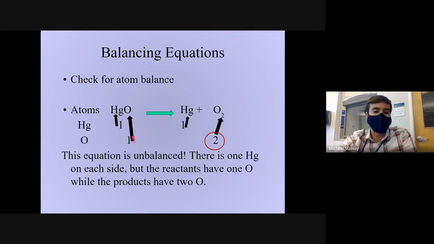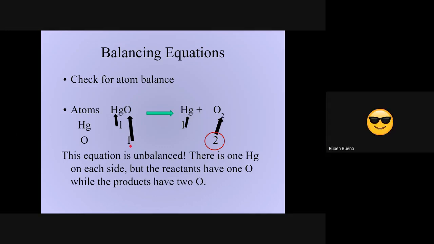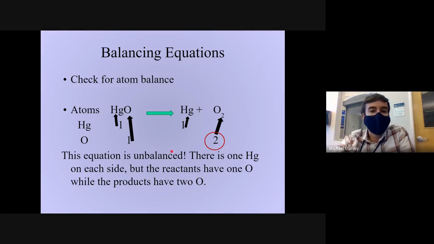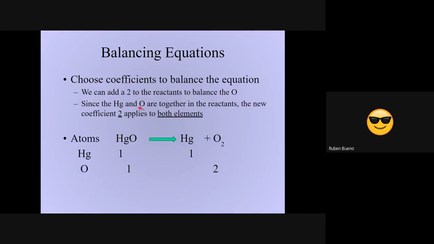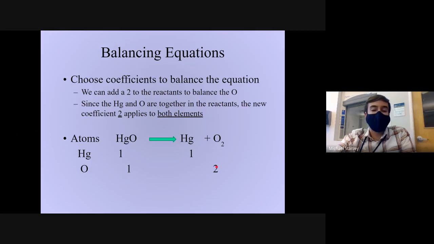What are we going to try to turn this number into? Could we add a coefficient? Something like that. So if we have 2 atoms over here in the products, what if there's some way we can make it where we have 2 O's over here in the reactants?